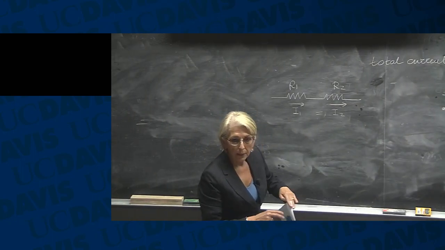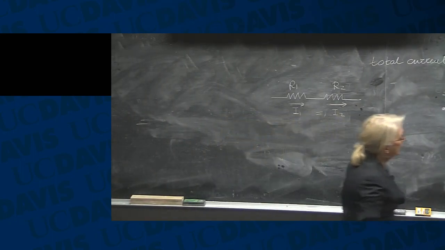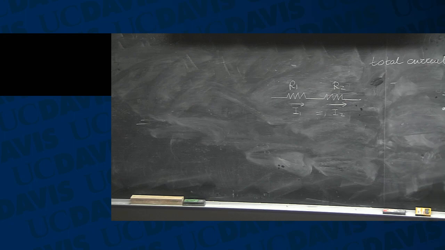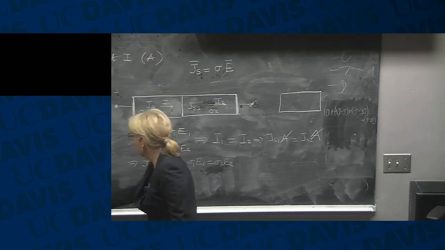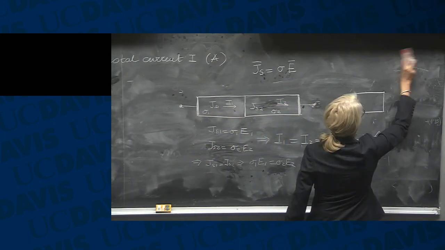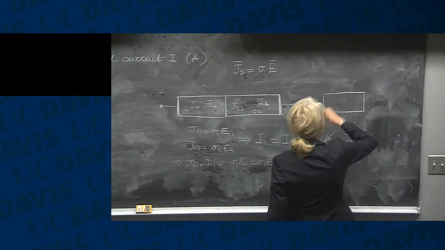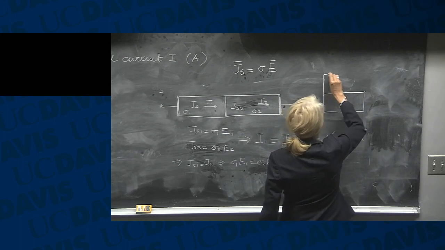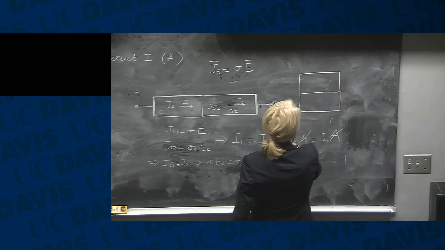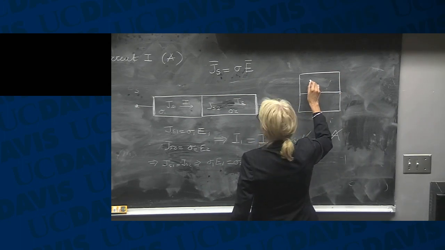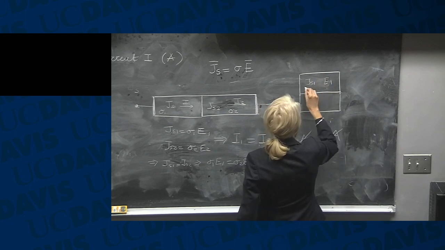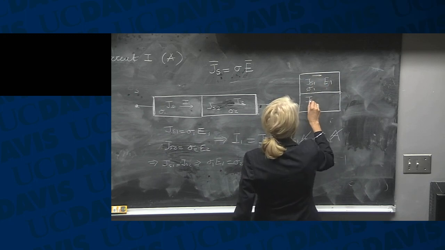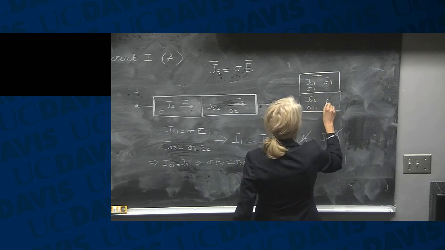And what would happen if they were like this? And we had JS1, E1, sigma 1, JS2, sigma 2, E2.